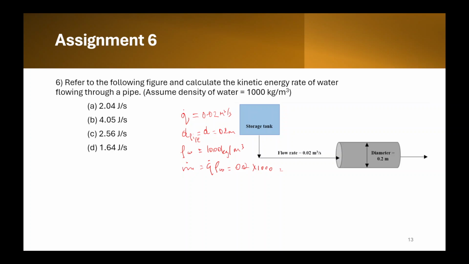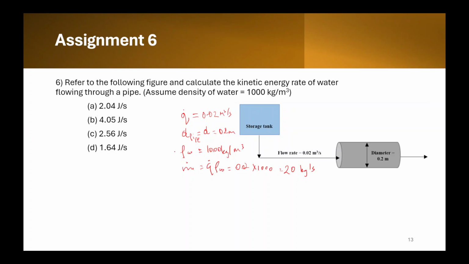So that will be 20 kg per second. How did I get kg per second? This is kg per meter cube. This is meter cube per second. So meter cube gets cancelled. We get 20 kg per second as mass flow rate.